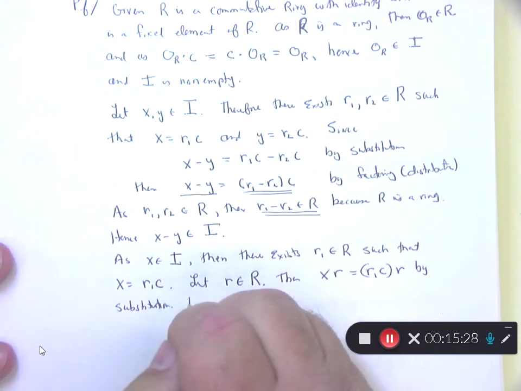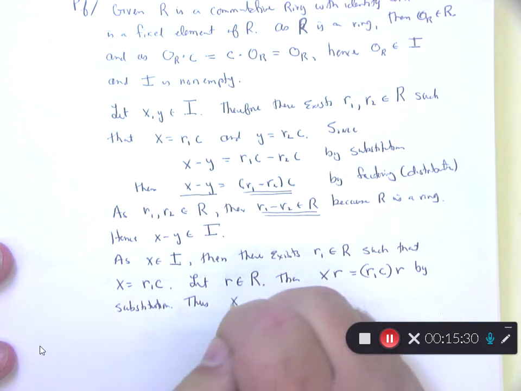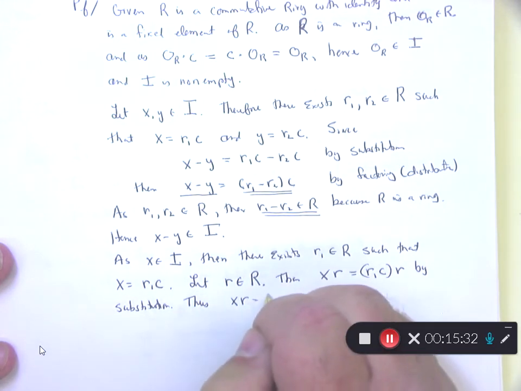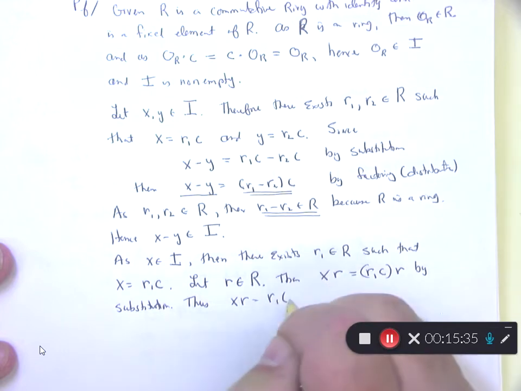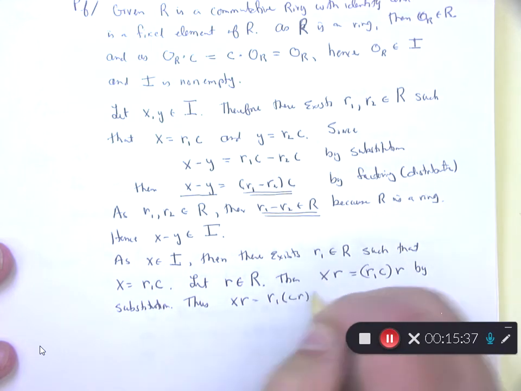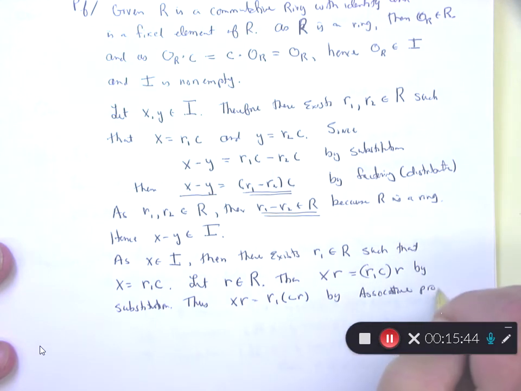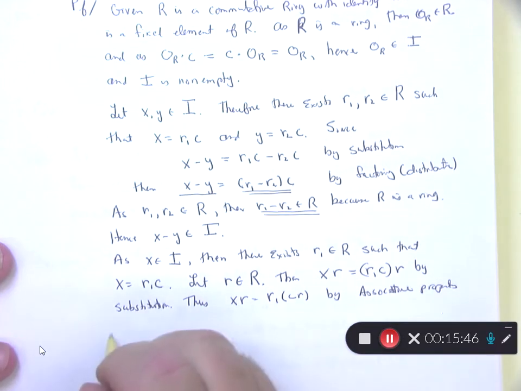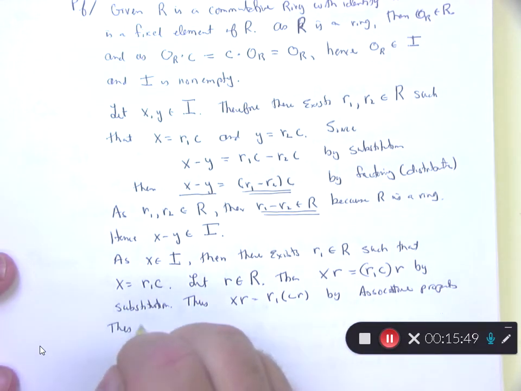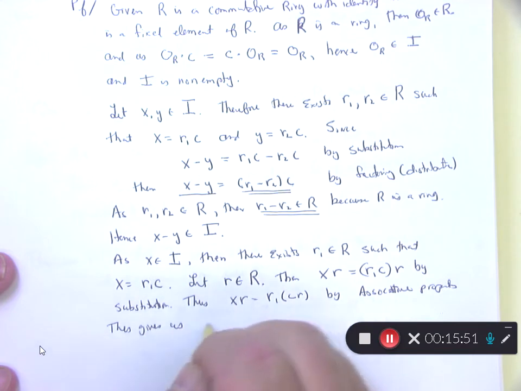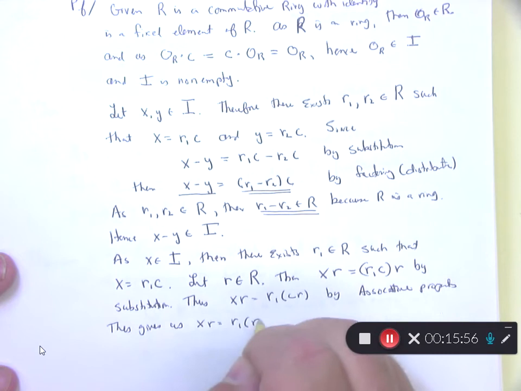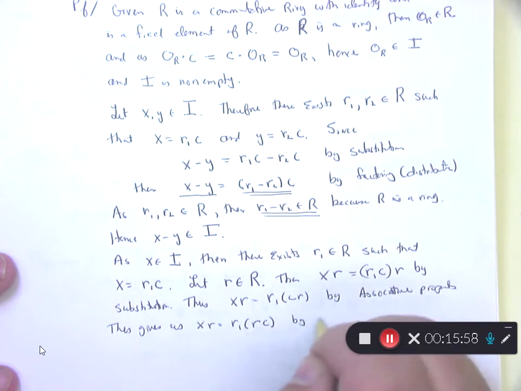Thus, x times r is equal to r1 times C times r by the associative property. This gives us x times r is equal to r1 times r times C by commutativity.